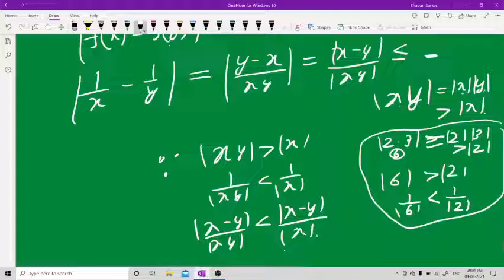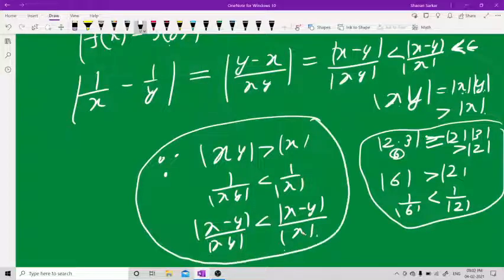So I can say this is less than mod x minus y upon mod x, and this should be less than epsilon. This should be less than epsilon. So that means all this is in sense. You should write this.